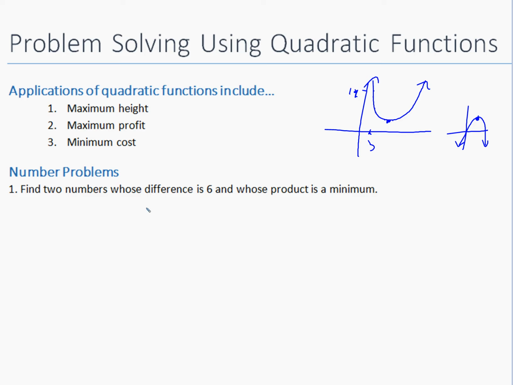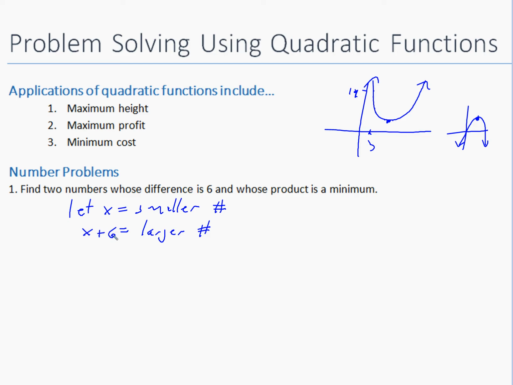One way to do this is to let x equal the smaller number, because if there's a difference of 6, there's definitely one that's smaller. Then our larger number is going to be x plus 6. Another way would be one of them's x and the other one's x minus 6. Both would have worked out just fine.